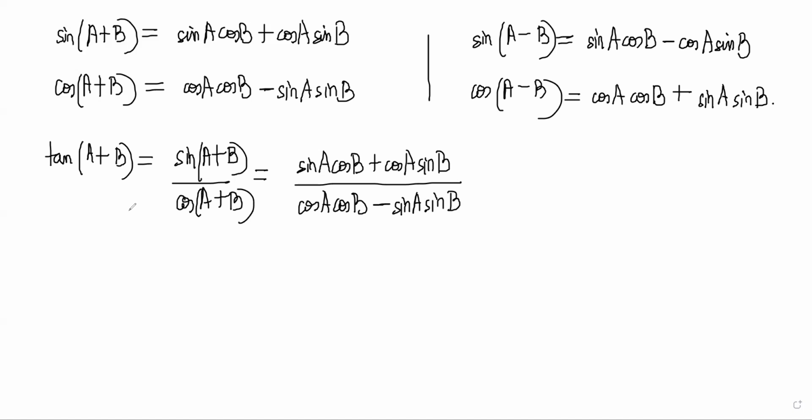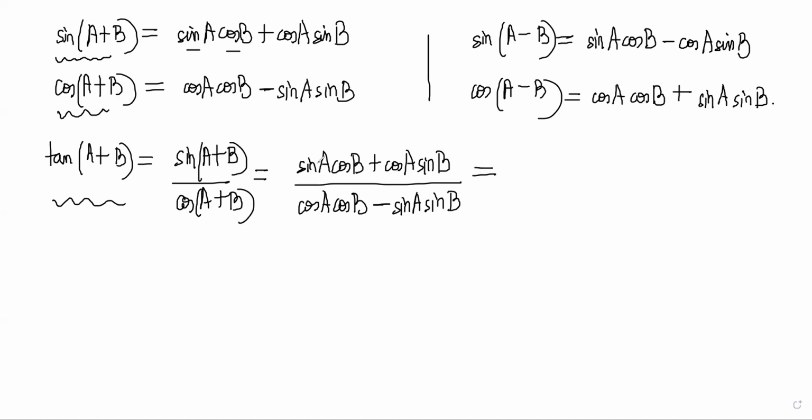I want it to involve tan and tan. When I had sine and cos formulas, they involved only sine and cos. When I have a tan formula, I want to have only tans.